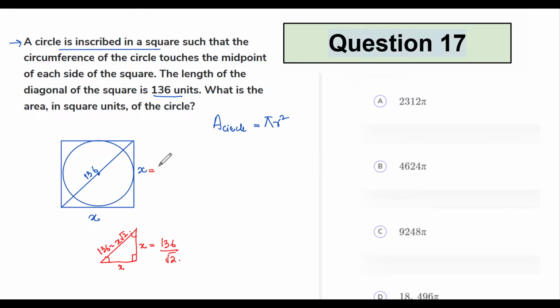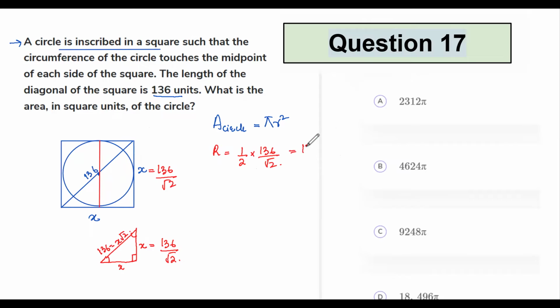That means this side is 136 over root 2. Now the side is the diameter of the circle, right? Side of the square is this much, and that is the same as the diameter of the circle. That means radius would be half of the diameter, which is 136 over root 2.